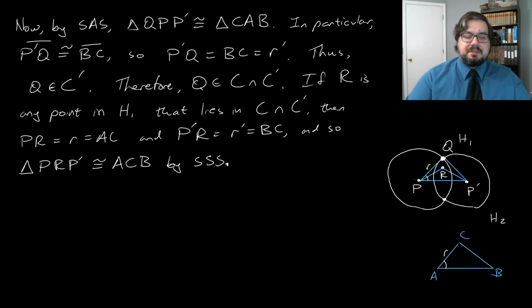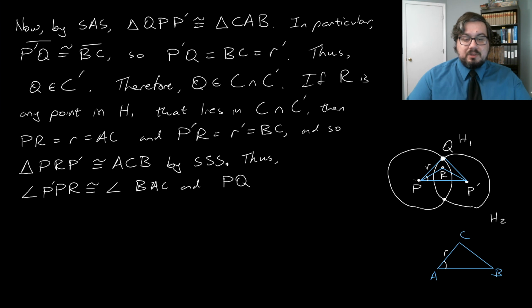So thus this means that the angle P prime PR would be congruent to the angle BAC, and the segment PQ would be congruent to the segment AC.